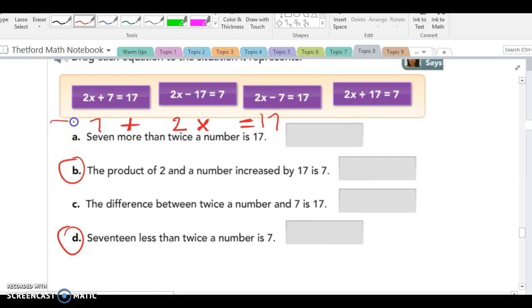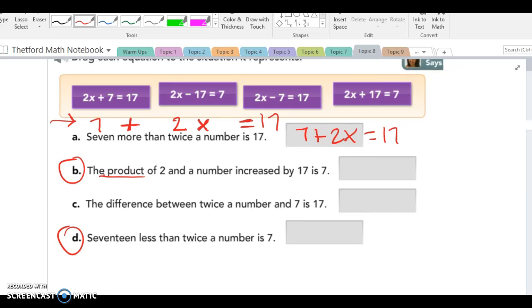So do you see how just annotating that sentence and writing it above it, I already have found out my equation because I know that 7 plus 2x equals 17 just by annotating that first problem. So just so you have an idea, product means that you're multiplying 2 numbers together. So I want you to make sure that you know that word before trying to annotate that one.